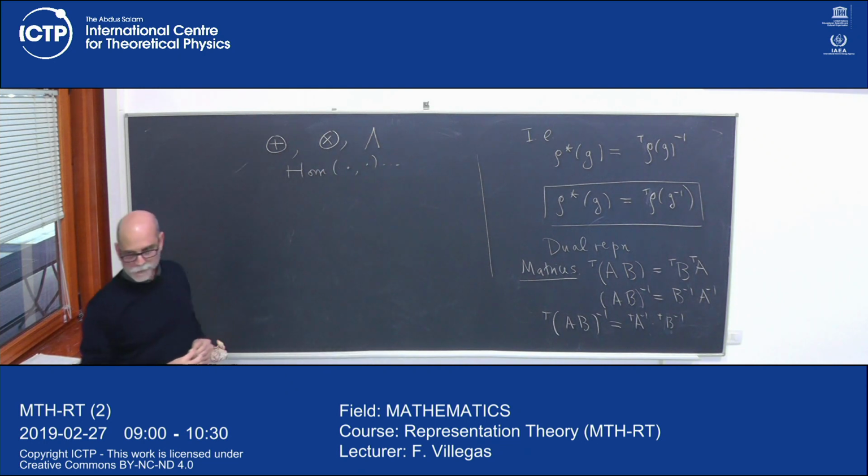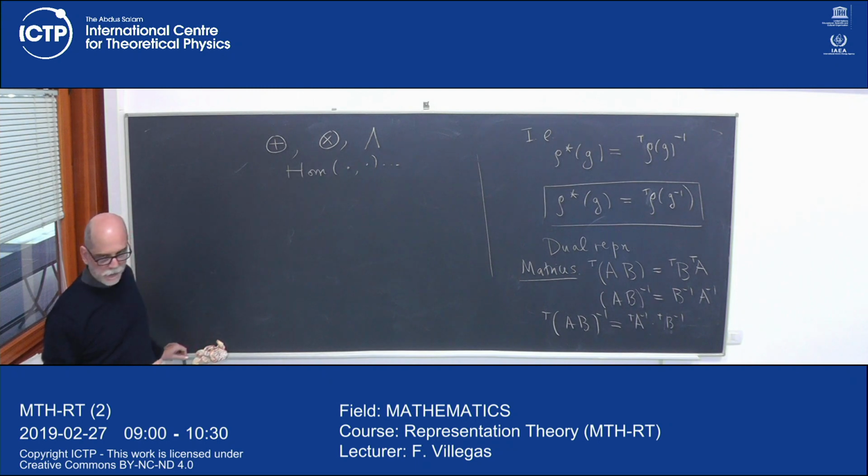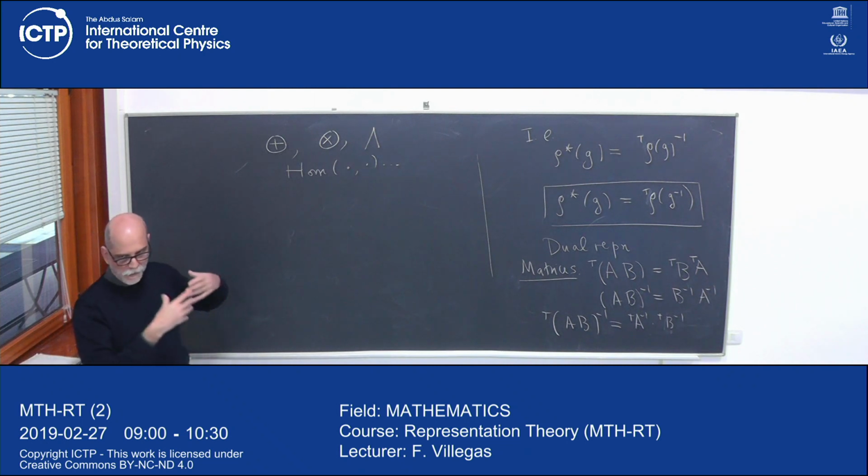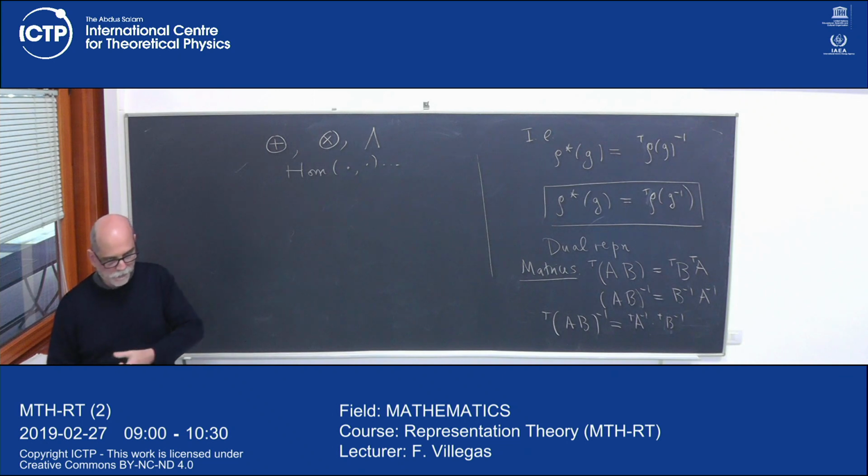All of these constructions that you do with plain vector spaces, we are going to do them again with vector spaces together with the action of the group. And all of these constructions, if the arguments are representations, will again be representations.